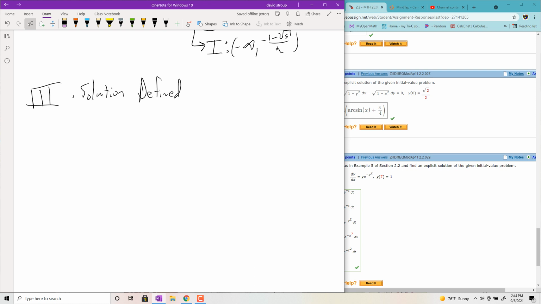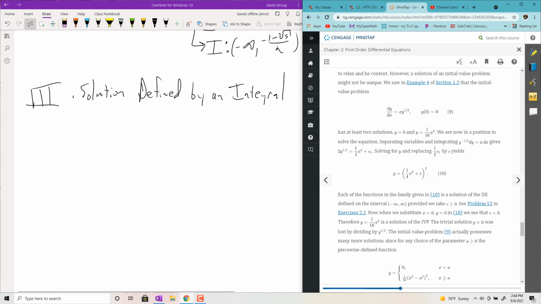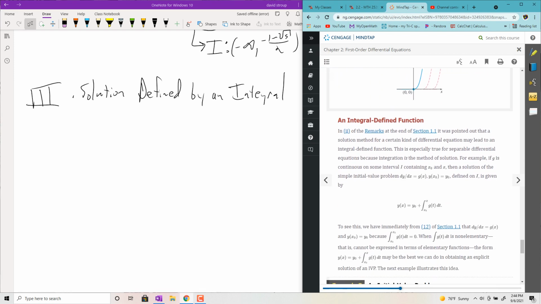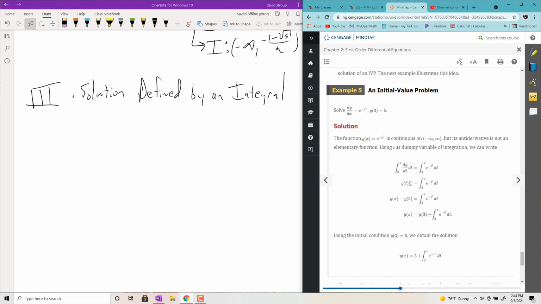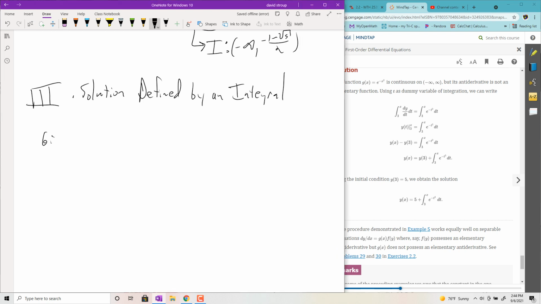So you're going to be given some dy over dx equals some function of x usually, and some initial condition.